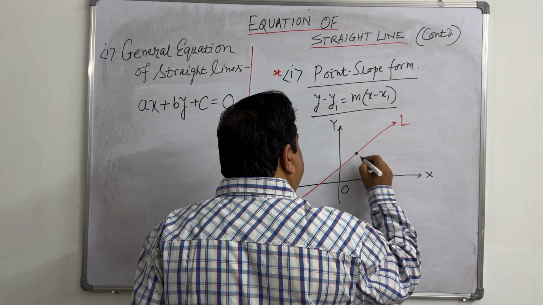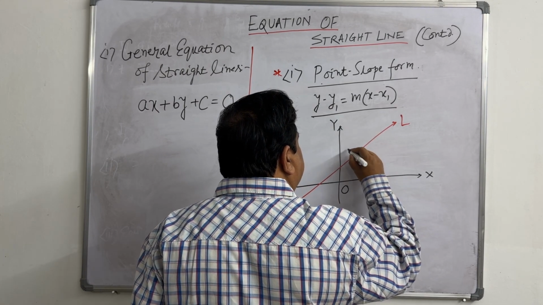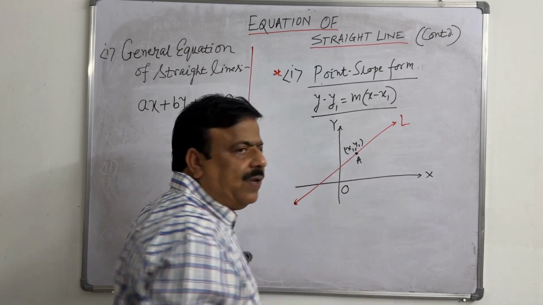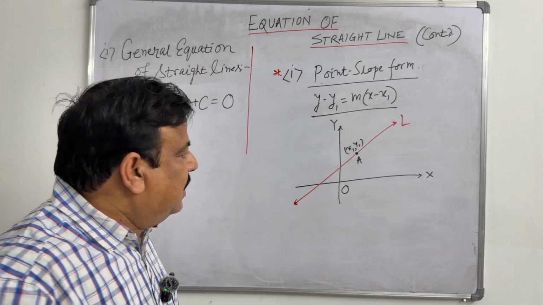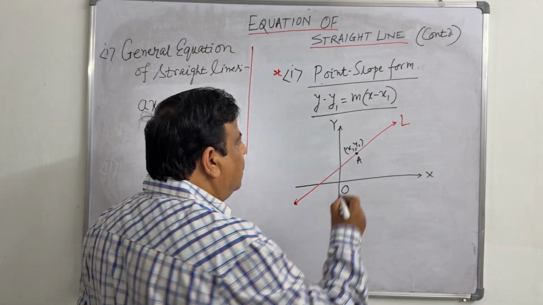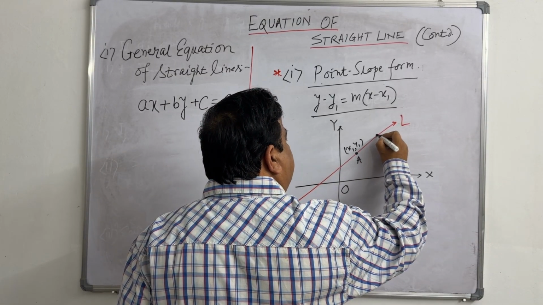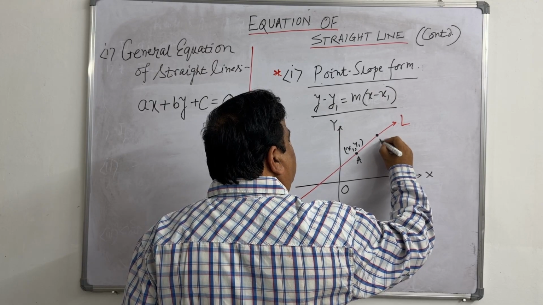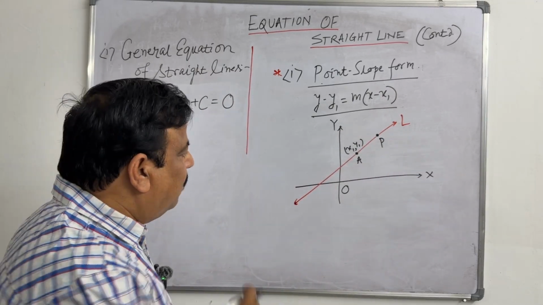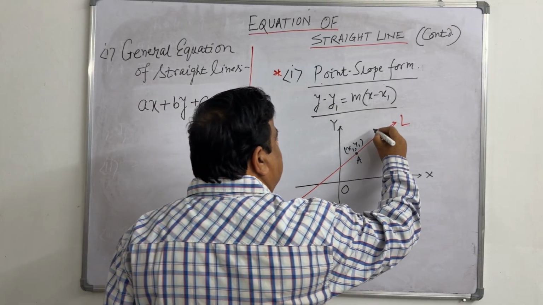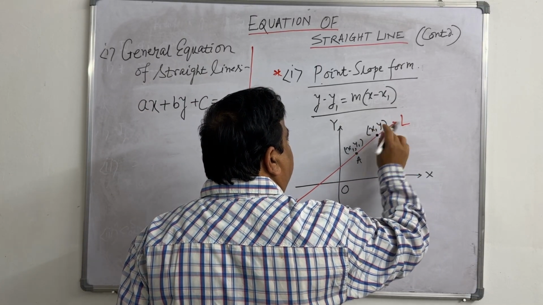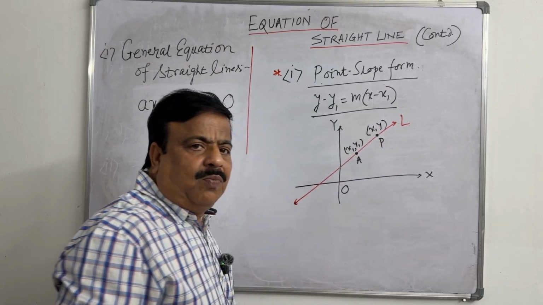Say this is the point, say A. Coordinate is x1 y1. This is given, and say at any instant of time a point which is moving along this locus of the straight line is x comma y. This is the moving point.